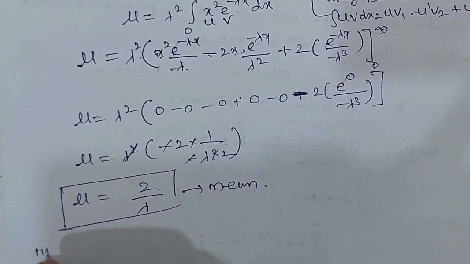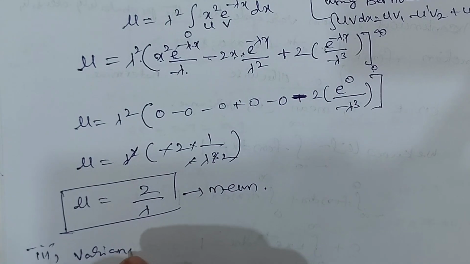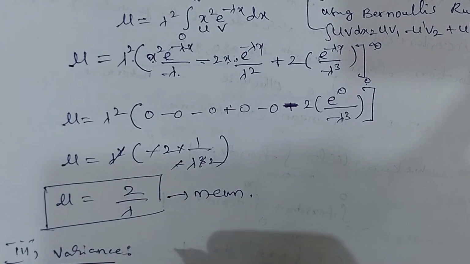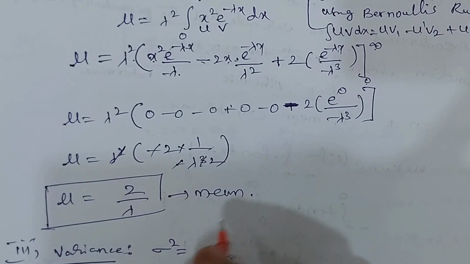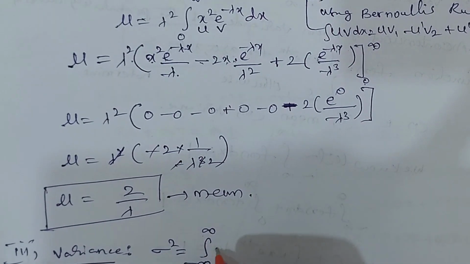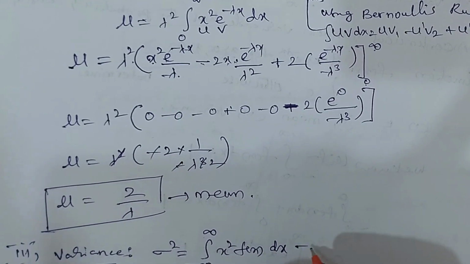So the third problem, variance. Variance is equal to sigma square, so that is equal to the integration from minus infinity to infinity of x square f of x dx minus mu square.